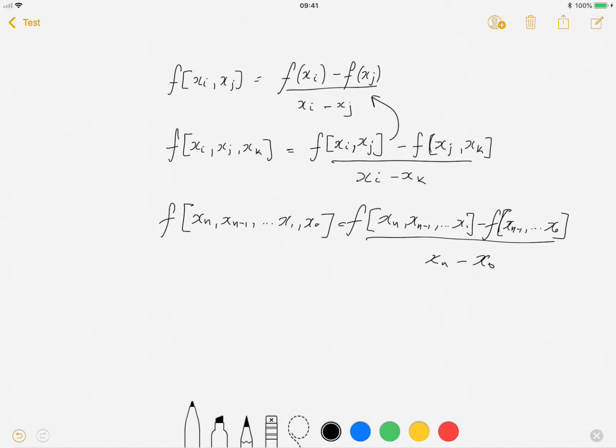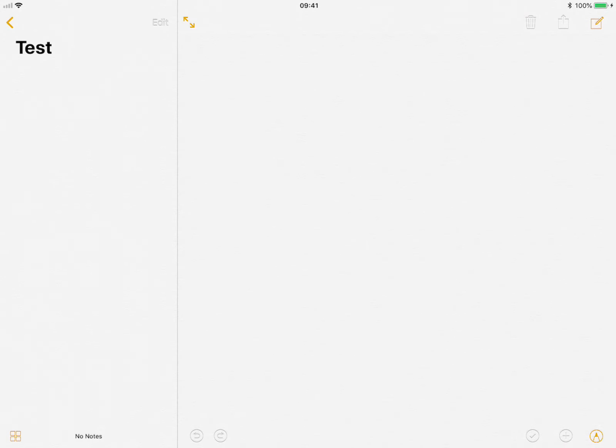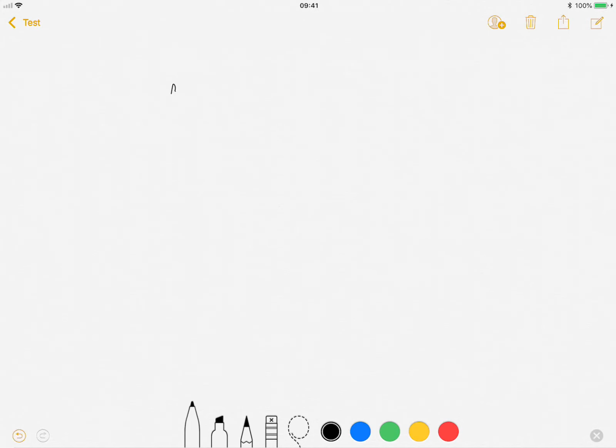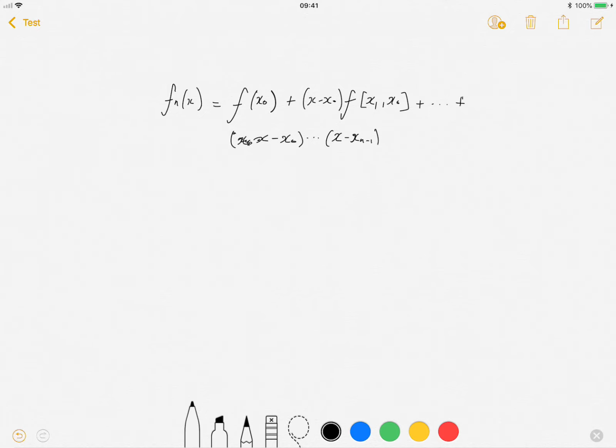Just take a second to look for any patterns here, because it's going to become apparent in our next formulation, which is that fn(x) can be written as f(x0) plus (x minus x0) multiplied by f[x1, x0], plus, up to, (x minus x0) multiplied by (x minus x(n minus 1)) multiplied by f[xn, x(n minus 1), all the way to x0].